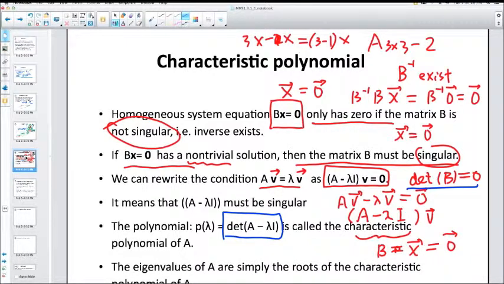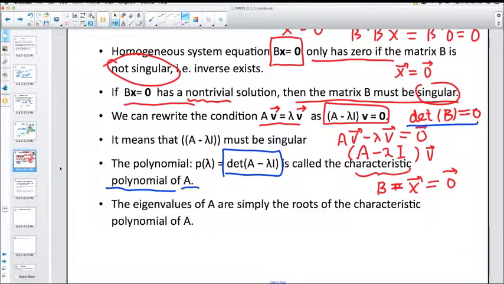And that polynomial has a name. It's called the characteristic polynomial of the matrix A. The name simply says this particular polynomial characterizes this matrix. Well, I said you need it to equal 0, right?